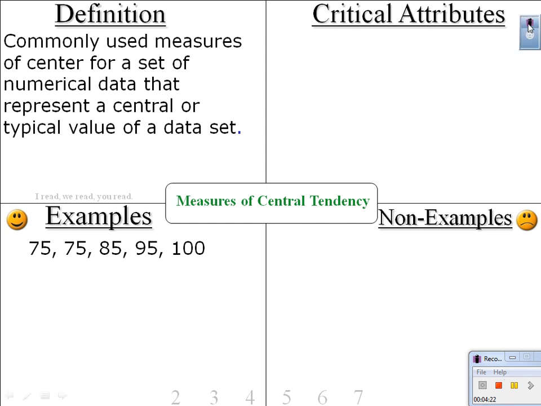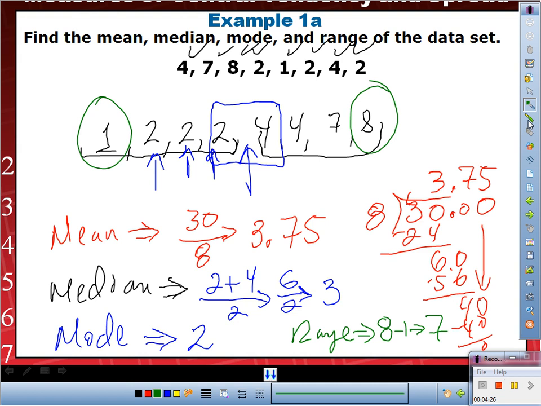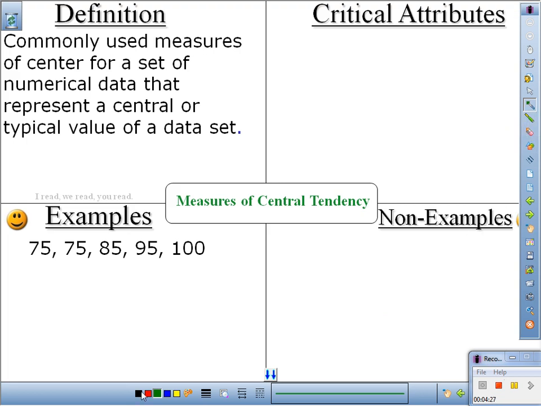Now, this lesson, today's lesson, is going to go pretty fast, and it's only a review from what you did in 7th grade or maybe 6th grade. Let's see if you remember. The three measures of central tendency are, number one of them is the mean.